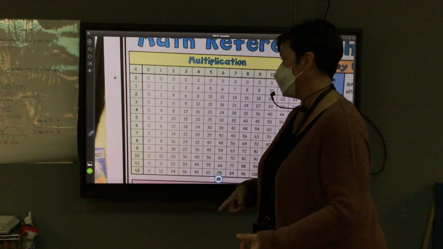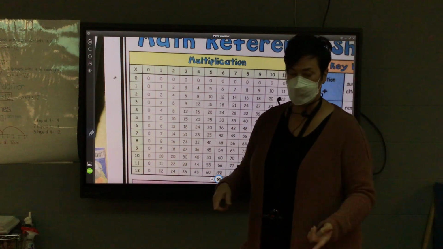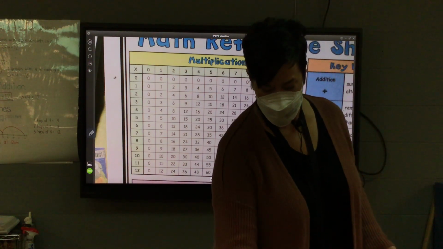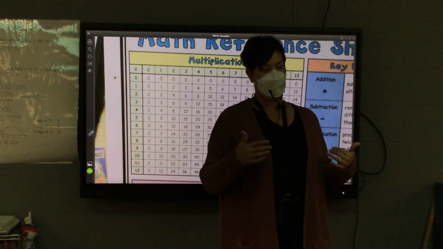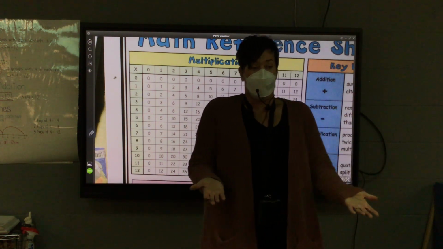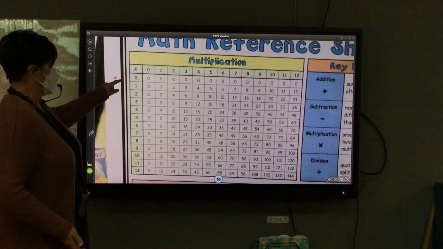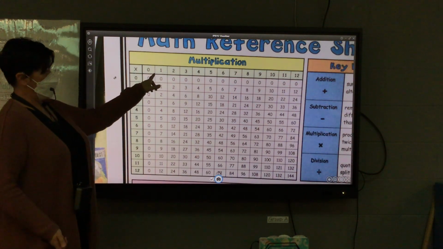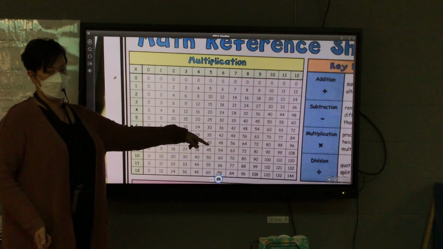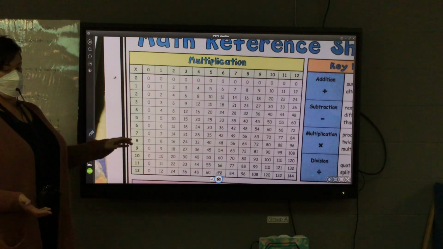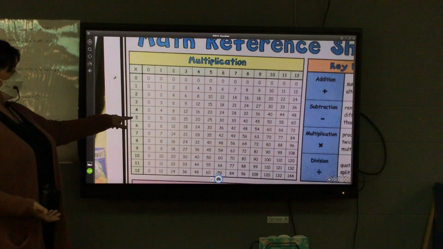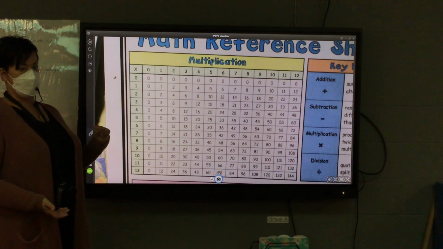So look back at your paper on that first side. Do you need the multiplication chart to help you find 5 times 3? If so, you can either go across and then down, or down and then across. So let's try it going down and then across, okay?